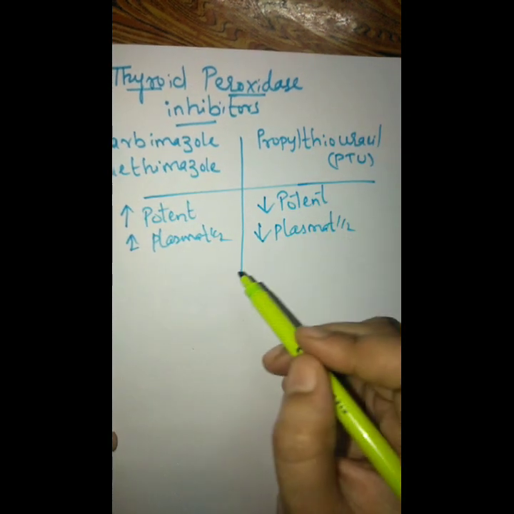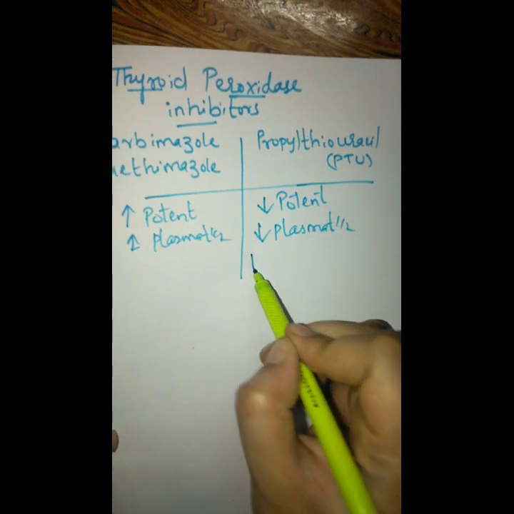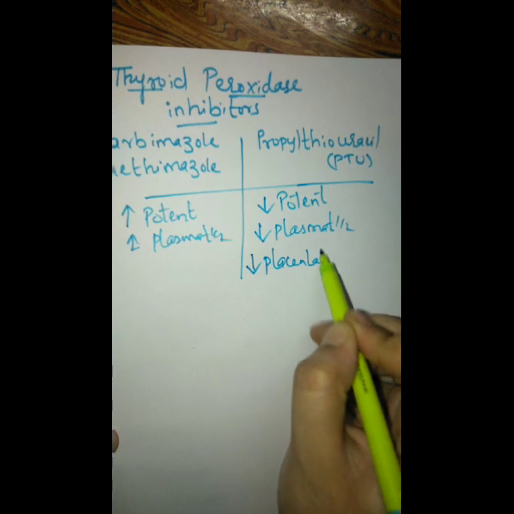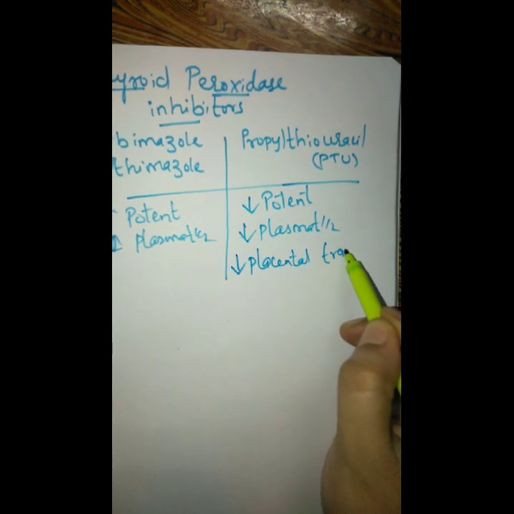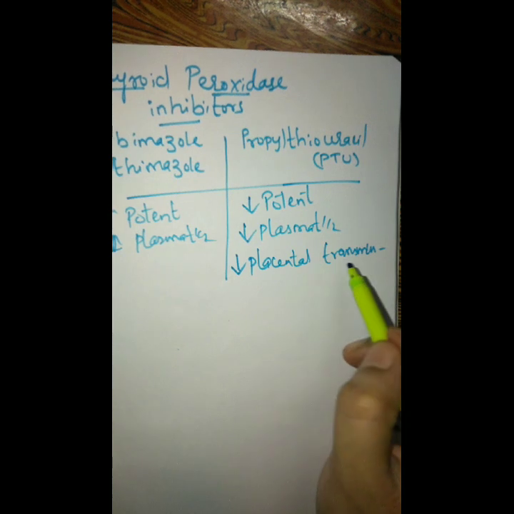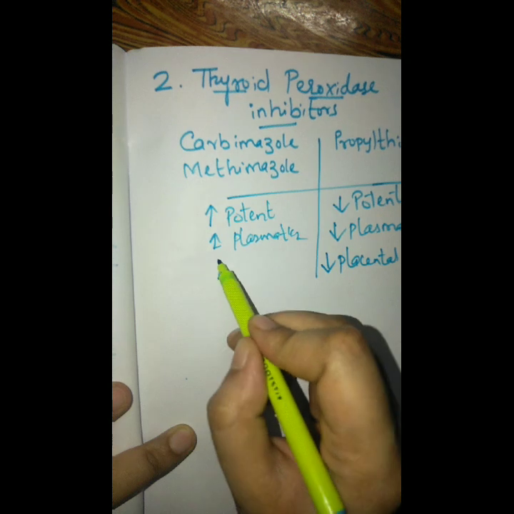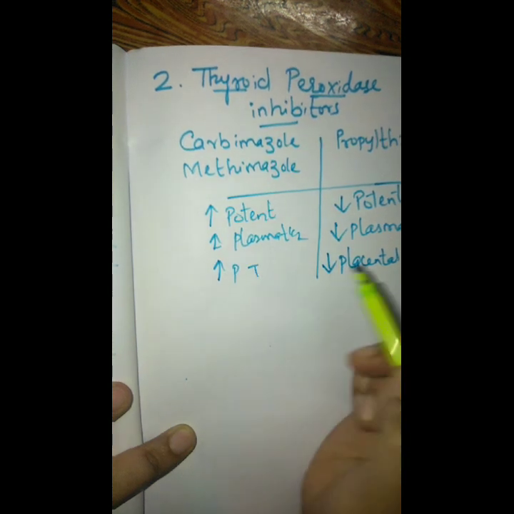Now the advantage of propylthiouracil is that it has low placental transmission. That means it cannot easily cross the placenta, whereas carbimazole and methimazole have more placental transmission.